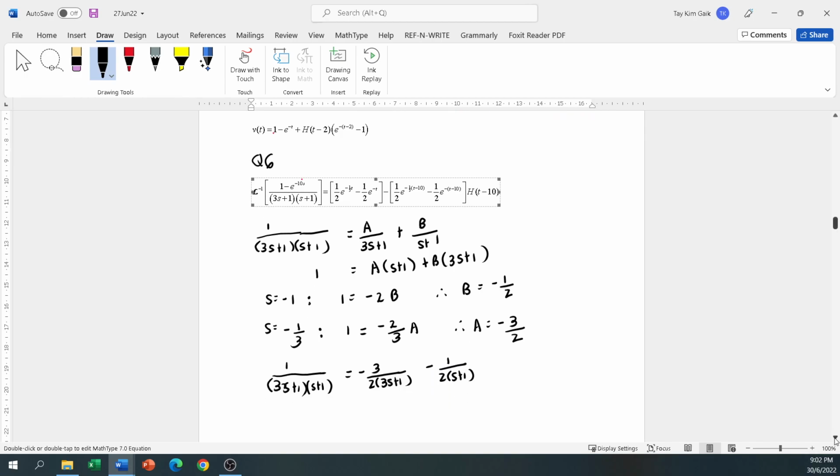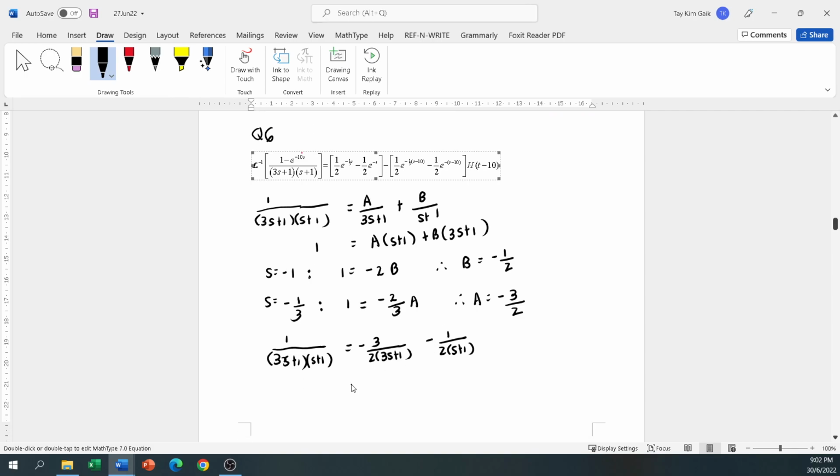For the first term, we can factor out 3: negative 3 over 2 times 3, factor out 3 from s, then 1 divided by 3, so that you get back 3s plus 1.